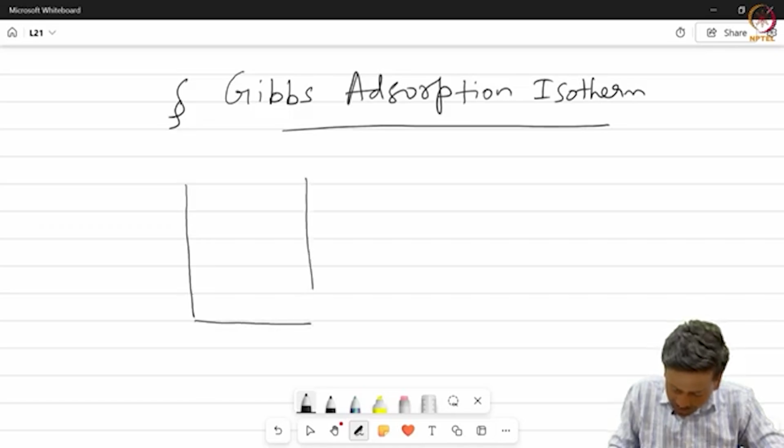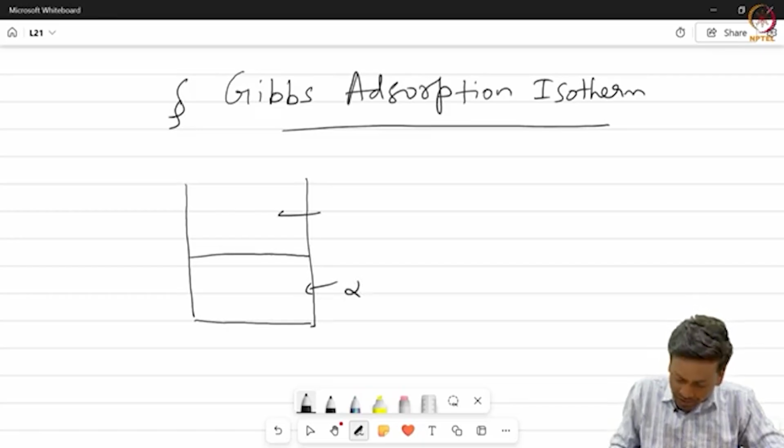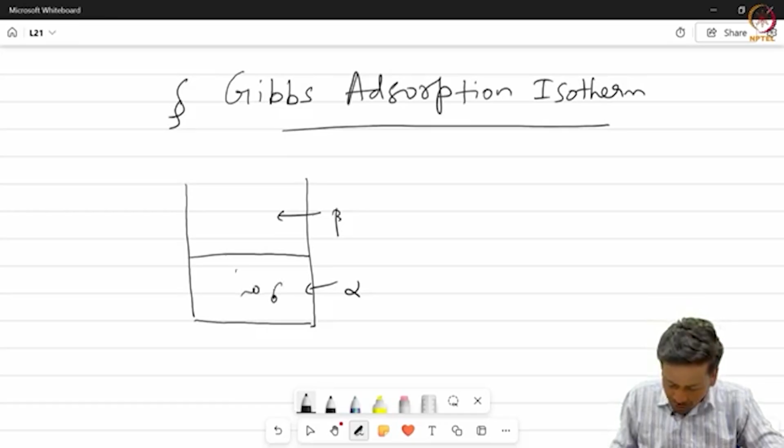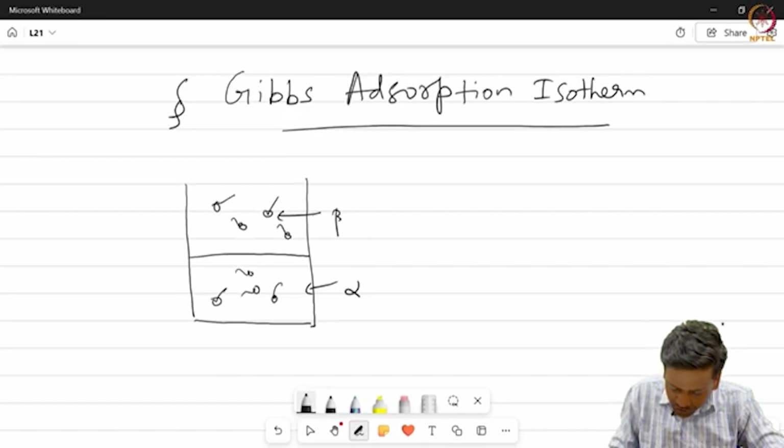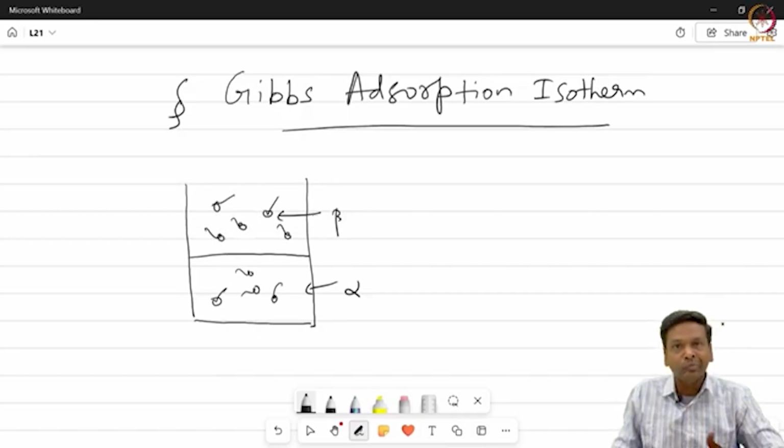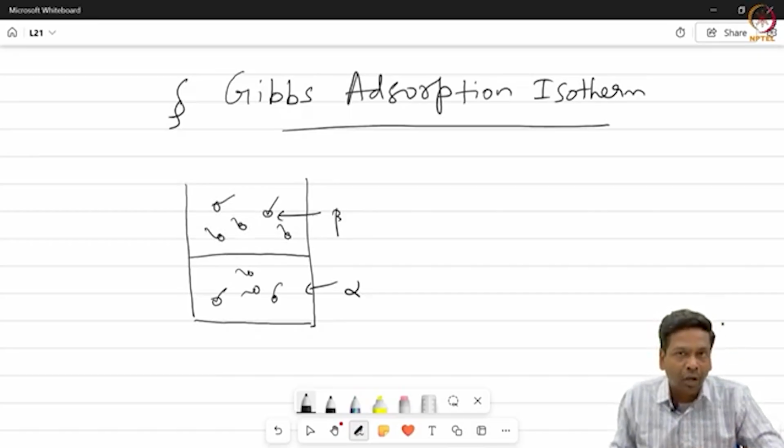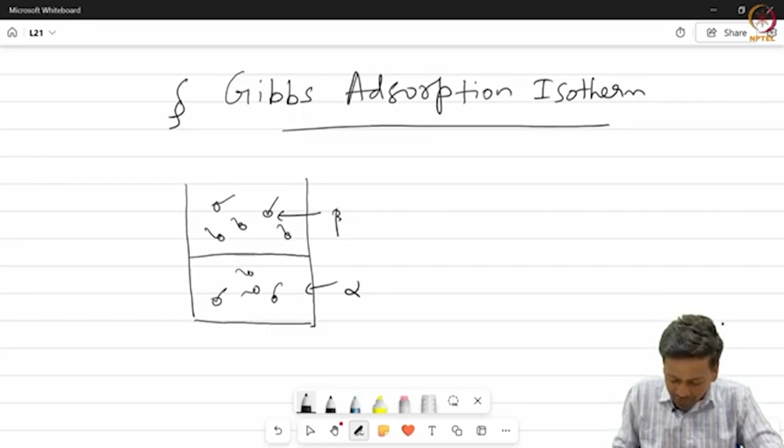whenever we deal with bulk phases, let's say we have alpha phase and we have beta phase, right? These two are two adjoining phases. Let's say we have some solute molecules present in the respective alpha phase or beta phase, but one of them may have a tendency to adsorb, or sometimes both of them may have the tendency to adsorb at the interface.